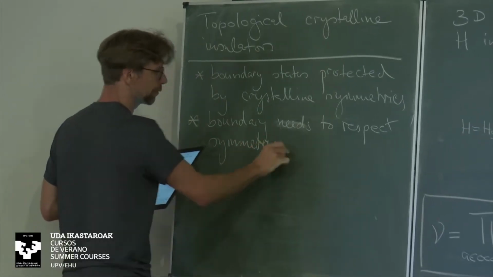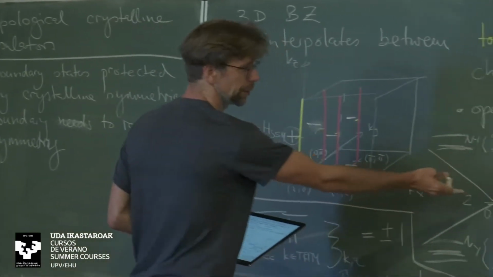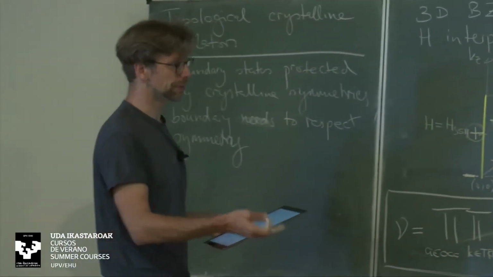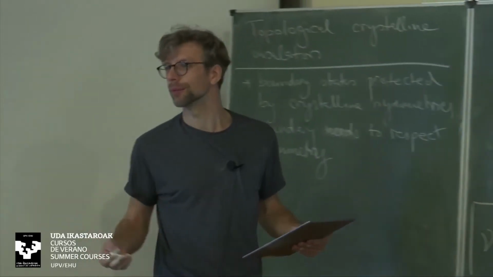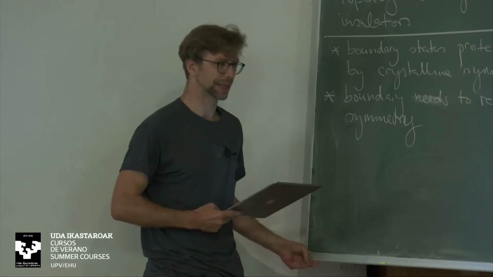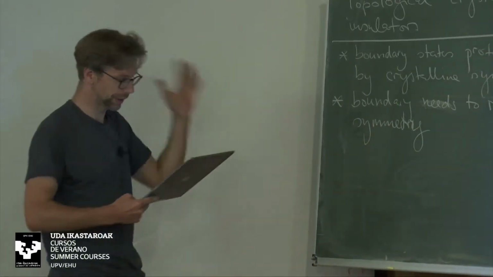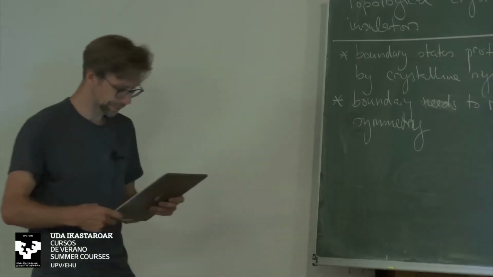So that's, of course, also true in the topological insulator case, if you wish, because you want to have a time reversal symmetric boundary, but it's maybe a more generic situation to have than having boundaries that are invariant under rotation or under mirror. So you have to think a bit harder whether this really happens.